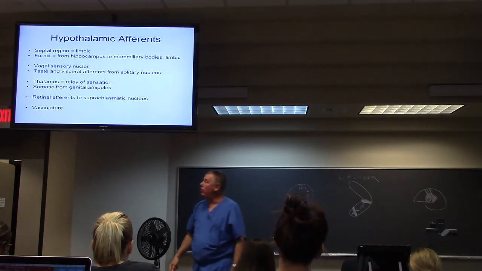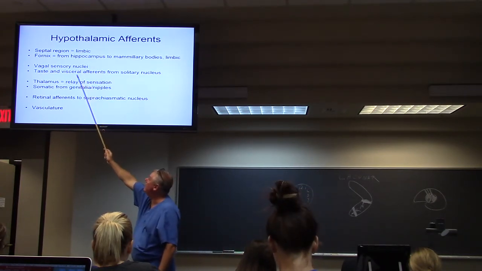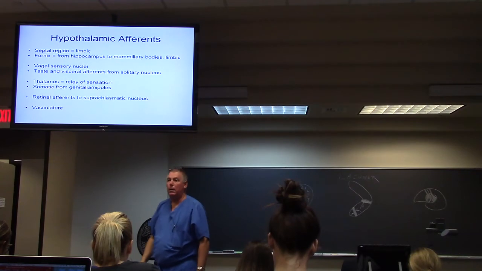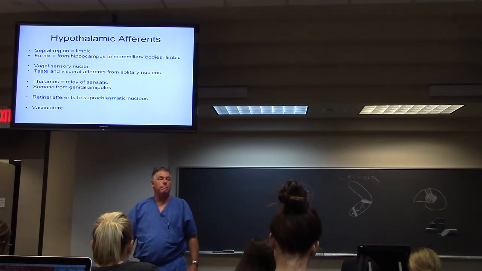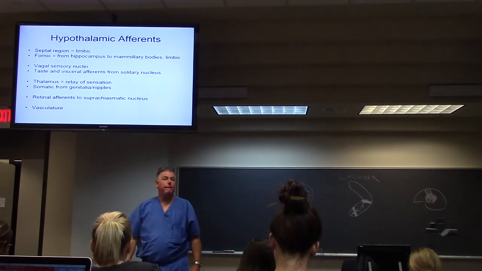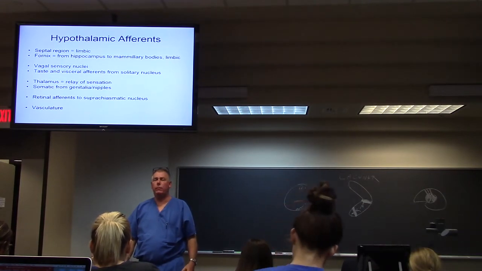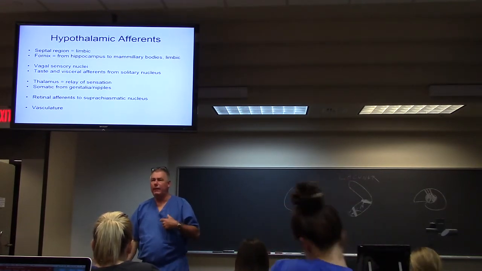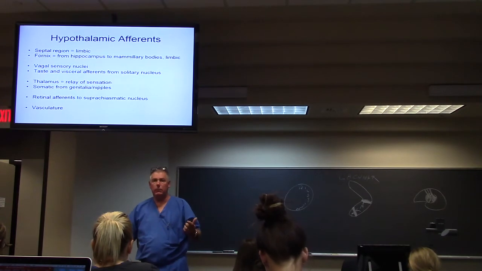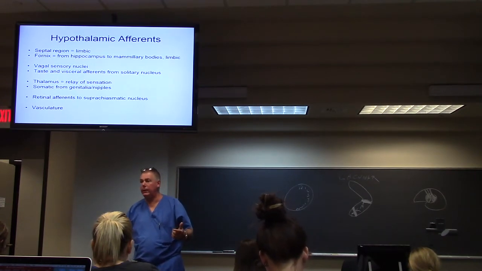And you've got cranial nerve nuclei like the vagus, in terms of how fast your heart's beating, how fast your gut's moving, that sort of thing.